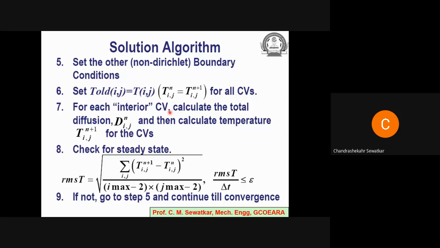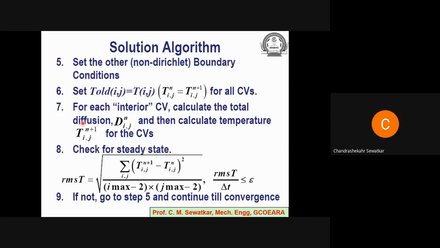Then for each interior control volume, we calculate the total diffusion Dij at nth level, that is, the total diffusion across all the faces of a control volume using old data. And then we calculate Tij at n plus 1 level. This is the new value.